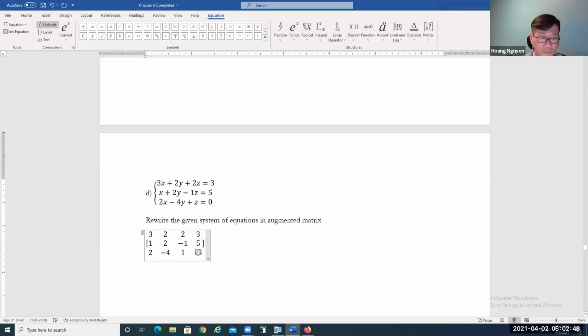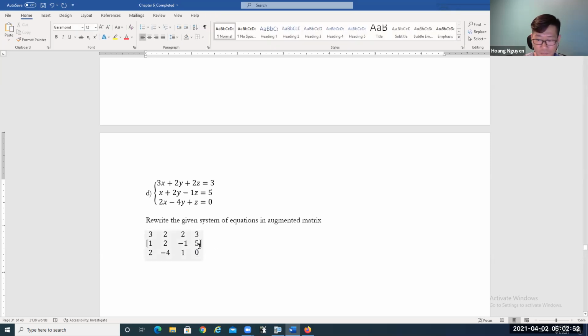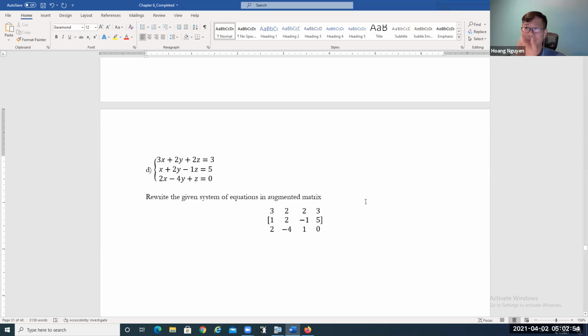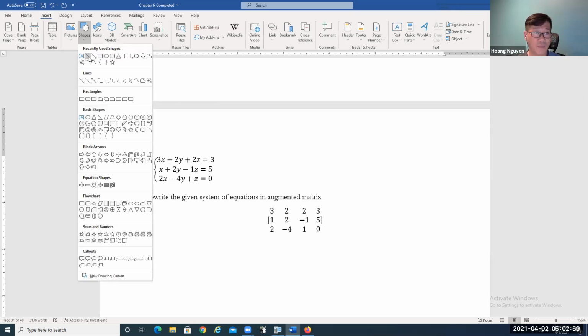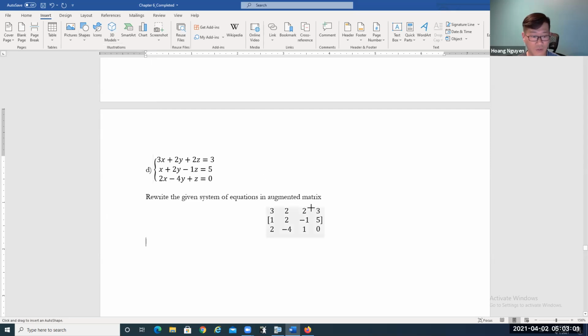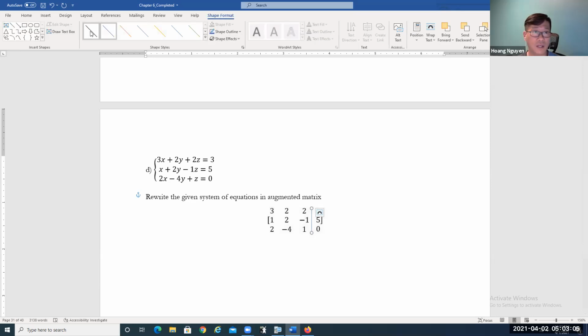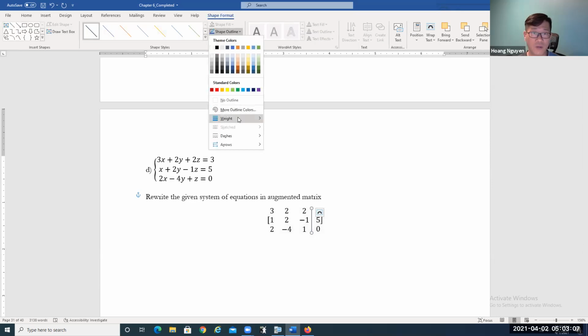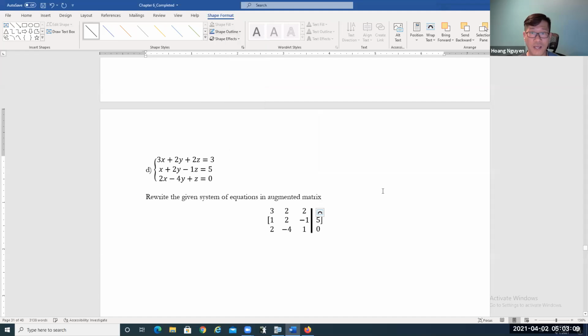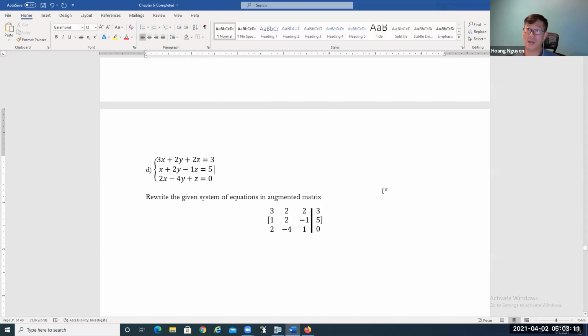Okay, so once again, you might draw a vertical line to indicate the coefficient matrix and the constants. So you might draw a vertical line right here to indicate that all of the numbers before the vertical line are the coefficients, and the numbers after the vertical line are the constants.